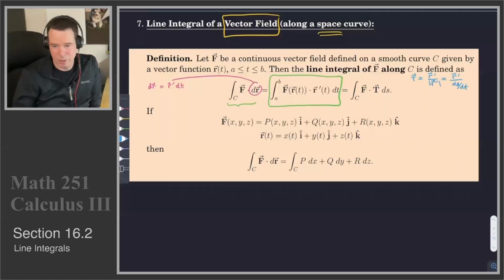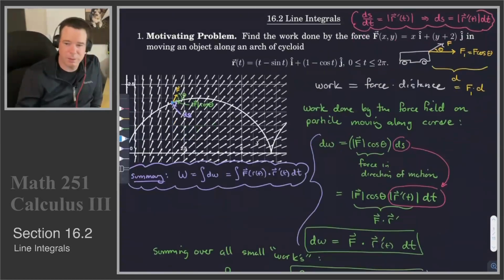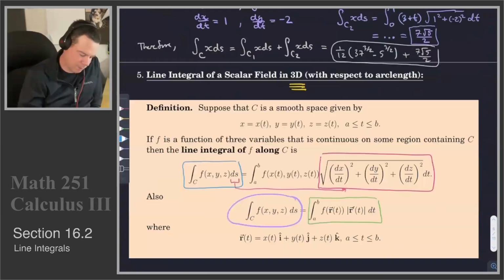Again, that thing that I wrote down right up by the title at the very top right of the page, I said we're going to be using ds dt equals the magnitude of r prime of t over and over and over again. And we used it here.